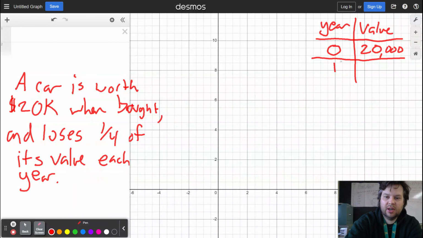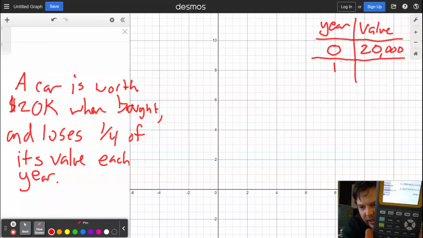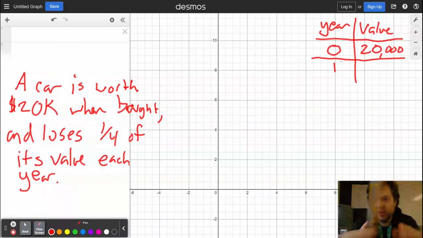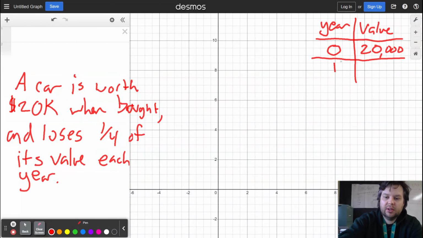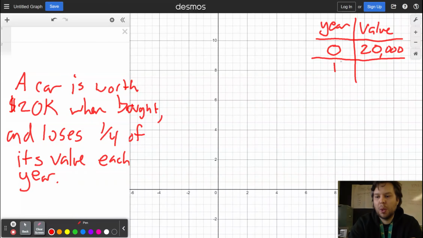So you can grab a calculator and type in 20,000 times 1/4. 1/4 is the same as 1 divided by 4. And so it loses $5,000. That means I can go 20,000 minus 5,000 and get 15,000.